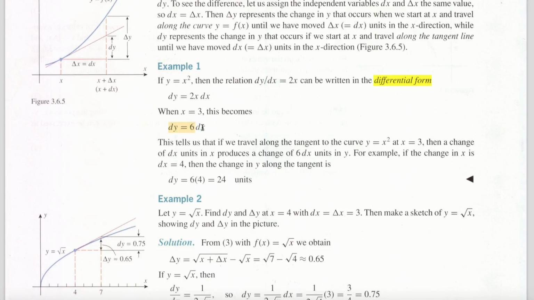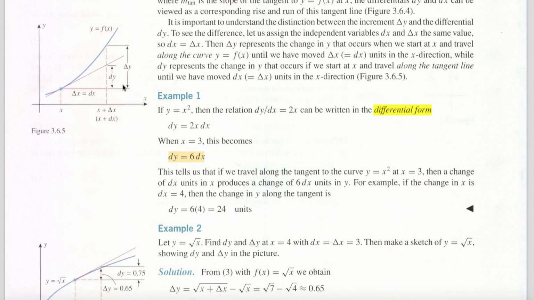Now, that's important, and let me try and explain why that's important. I'm going to go back to this picture. What this means is, when you have something in differential form, you're following the tangent line. So if I change, let's pretend dx is 2, and I move 2 units on the x-axis, well, what's 6 times 2? It's 12.